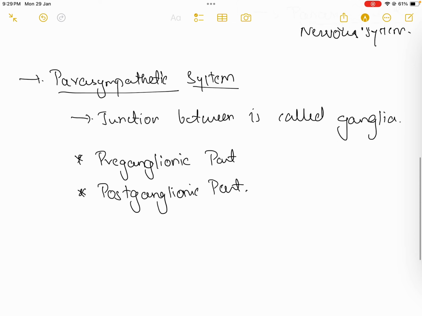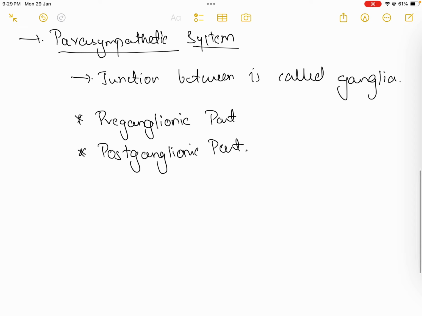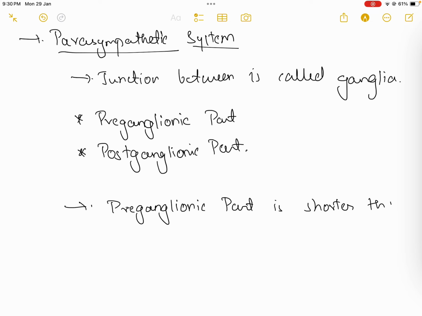In the parasympathetic system, usually the preganglionic part is shorter than the postganglionic part.